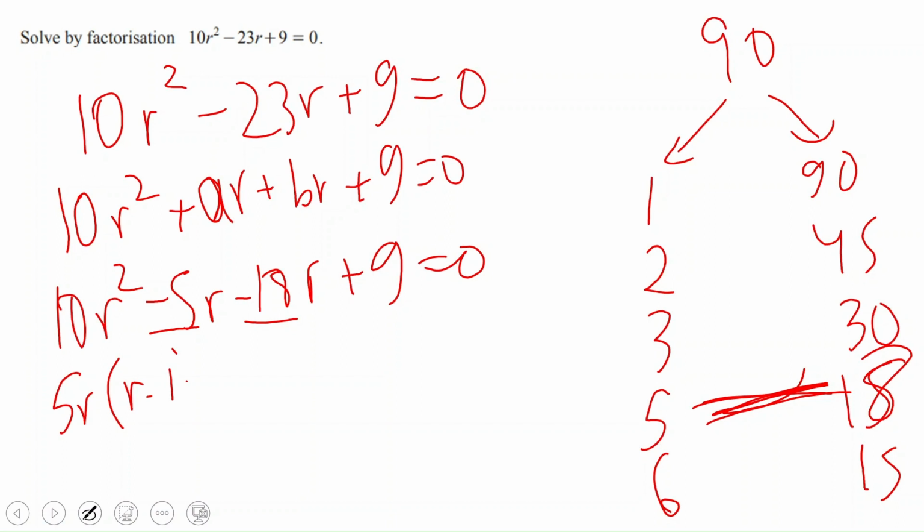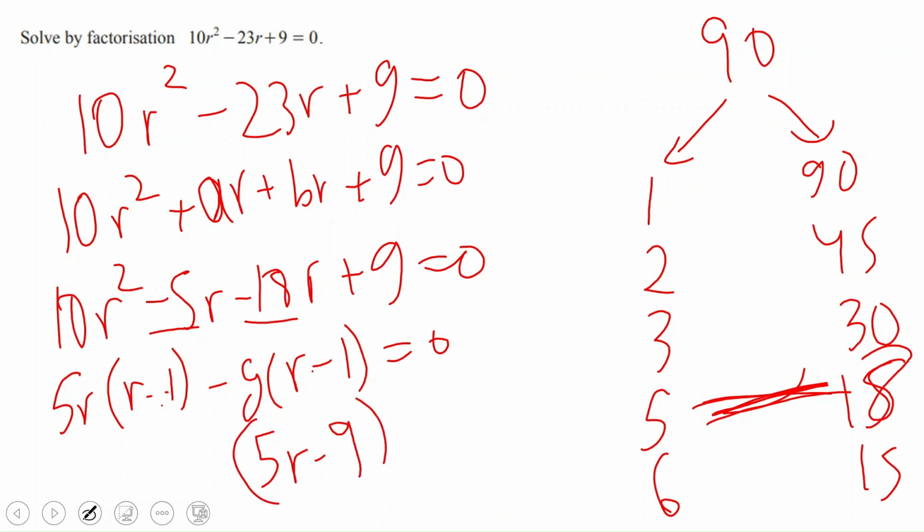This will be r minus 1, and then you can take minus 9 common, r minus 1 equal to 0. So we get, because these two are the same, we can just write it as 5r minus 9 into r minus 1 equal to 0. So 5r minus 9 is equal to 0, that gives us r is equal to 9 by 5, and r is equal to 1.